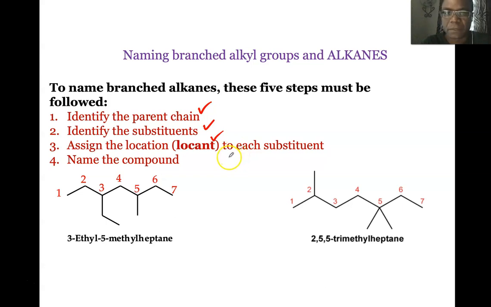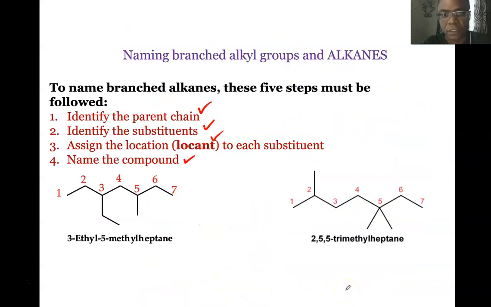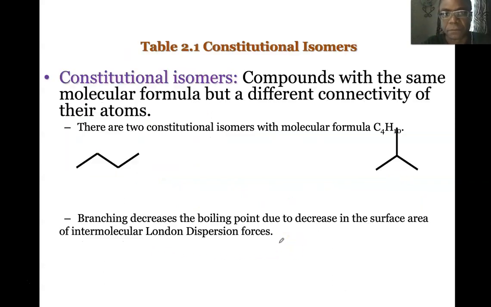Prioritize the numbering system that encounters the least alphabet in ABCD, EFGH. And then lastly, you name the compound based on alphabet rule. Remember, like here, we named the compound this way because B comes before E and I. So this is done for you. Simple as that, you can practice it.